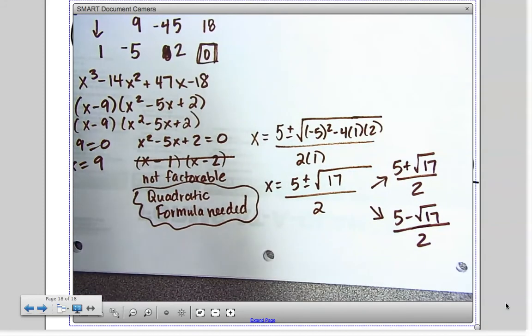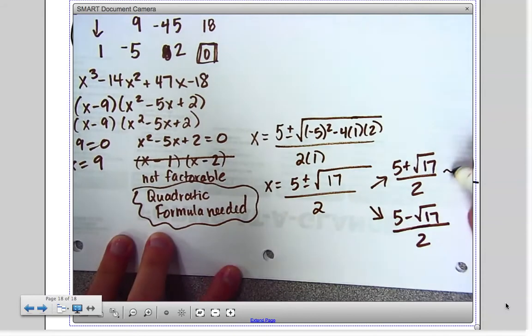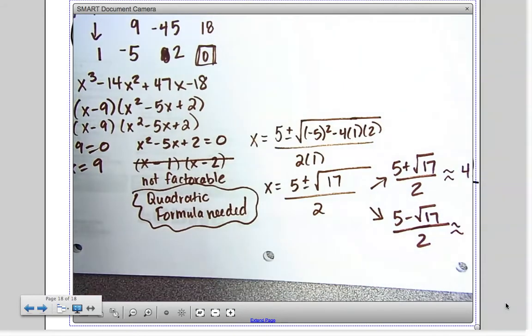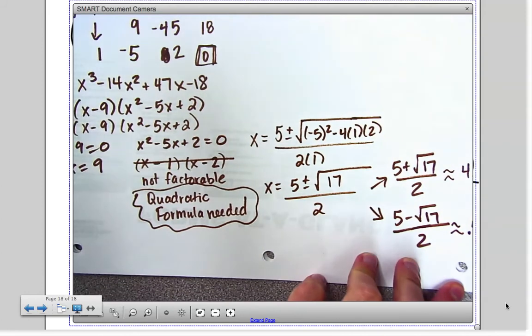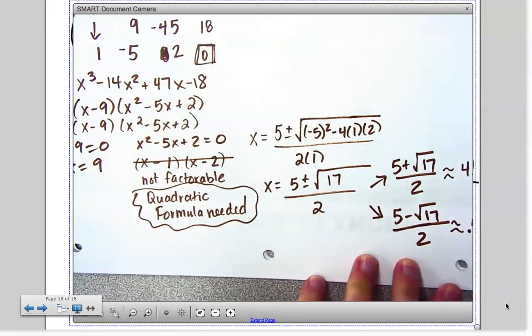If we put those in the calculator and get an approximate answer, this is going to be approximately 4.56, and this would be approximately 0.438.